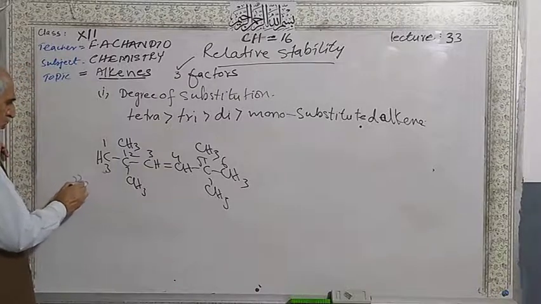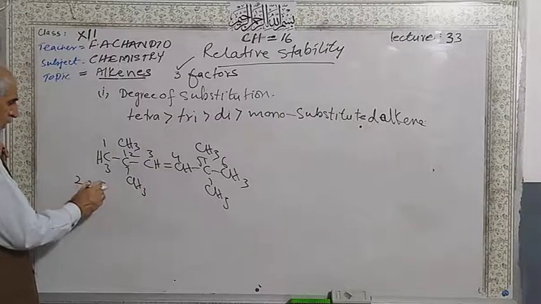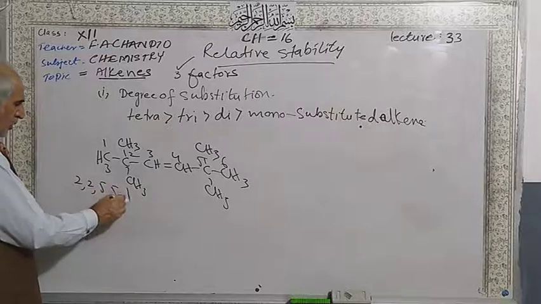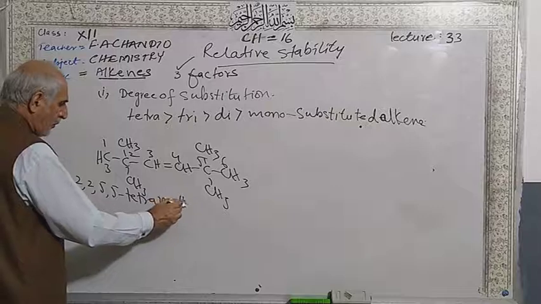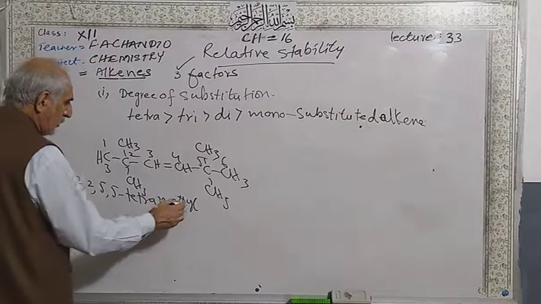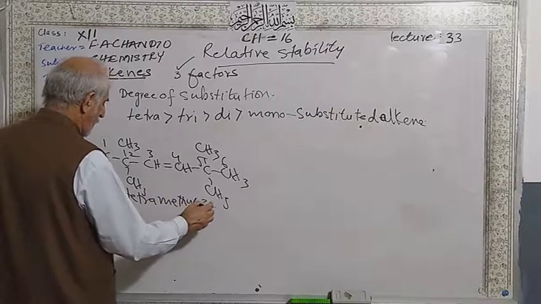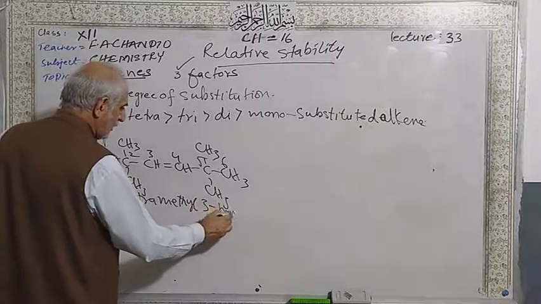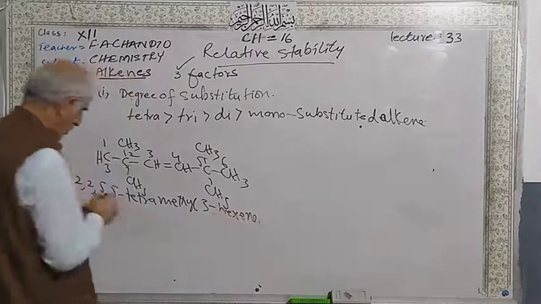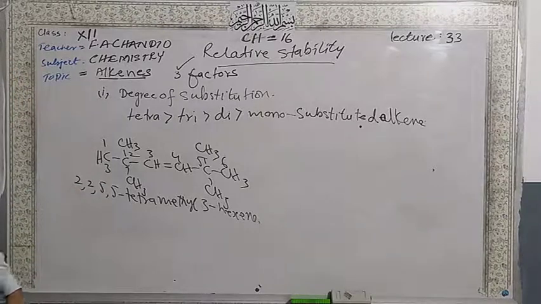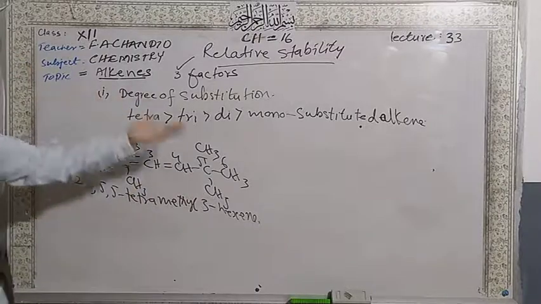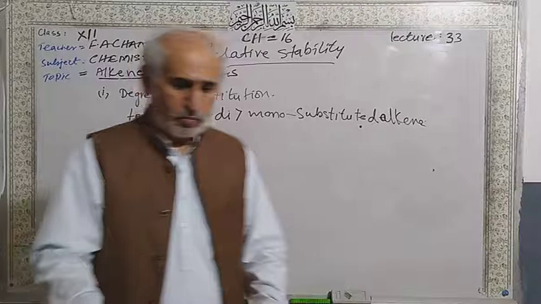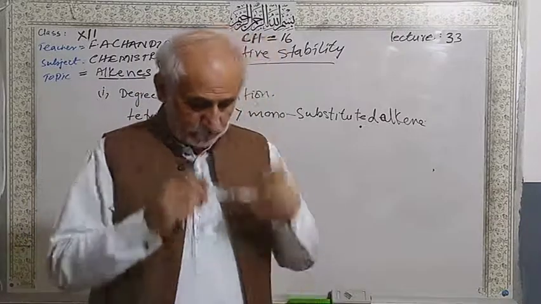So 2, 2, 5, 5-tetramethyl-3-hexene. This is the most alkylated. Tetra, 1, 2, 3, 4, tri, di, and mono. This is number 1.